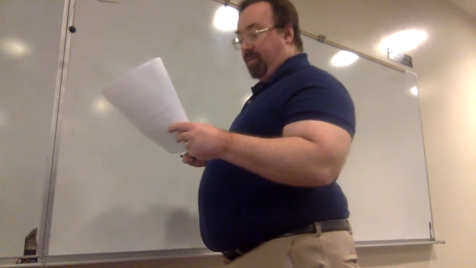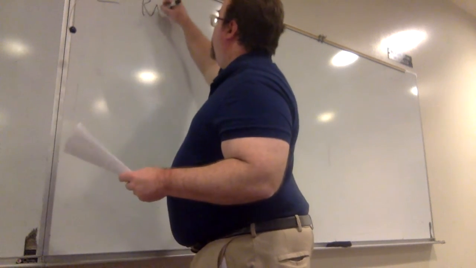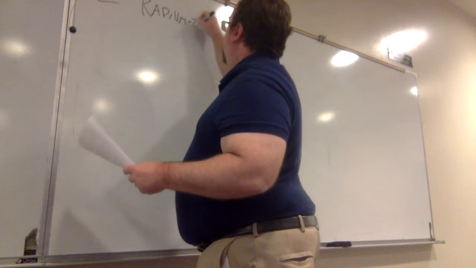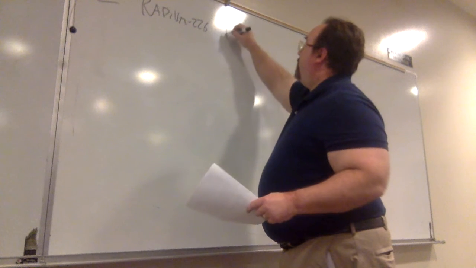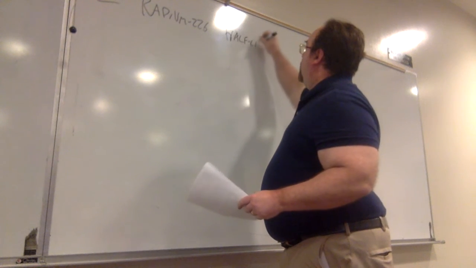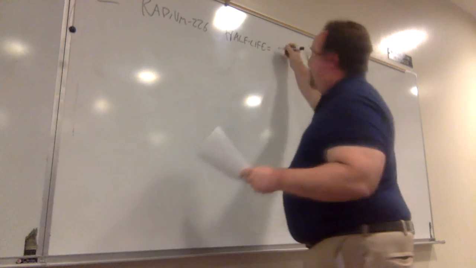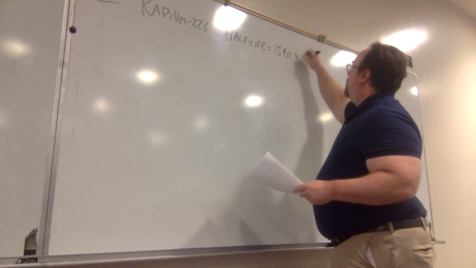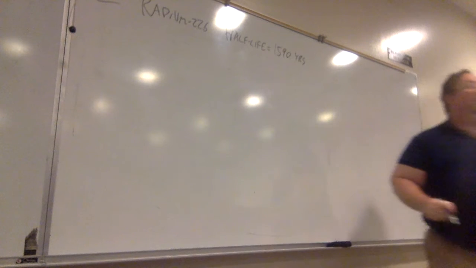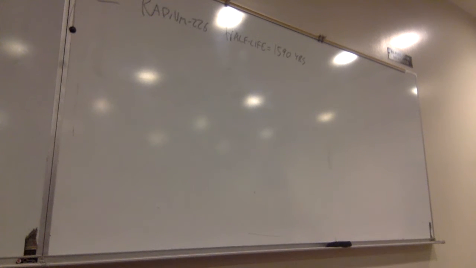The substance we're dealing with is radium-226, and it's known that the half-life is 1,590 years. So if you have, say, 100 grams of radium-226, then after that long, that amount will naturally decay to 50 grams.